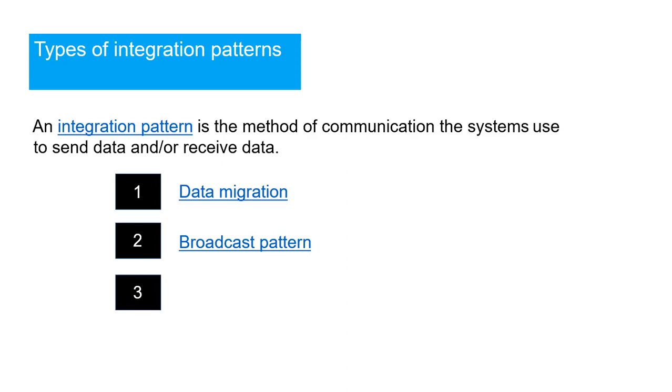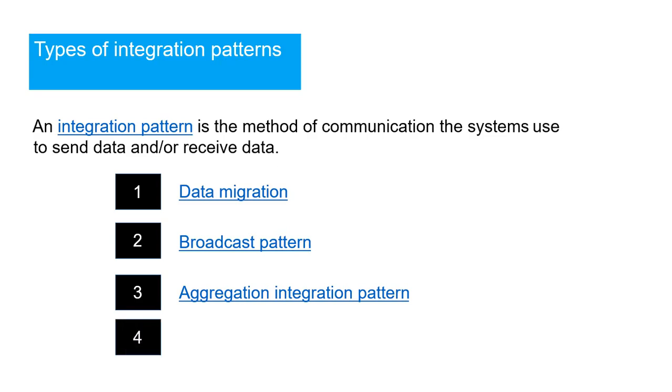The third is the aggregation integration pattern. And the fourth type of integration pattern is bi-directional synchronization. In the next part, we're going to see what each of these means.